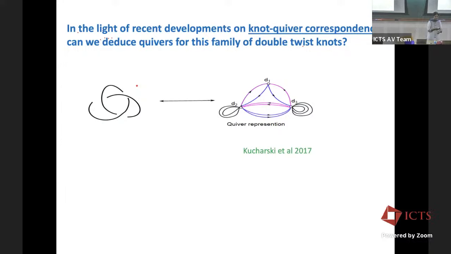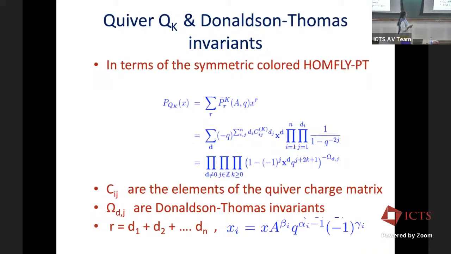Okay. So this is the data for the simplest example, that is a symmetric three-node quiver. Formally, these are my HOMFLY-PT invariants or colored HOMFLY-PT invariants, where R is any arbitrary symmetric representation and you sum over R. And x is just a variable where you write the generating function, and Q_K denotes that it is the quiver associated with the knot K. This invariant is for some specific knot K, and I'm going to confine myself to SU(N), summing over symmetric representations for which I know all the results.